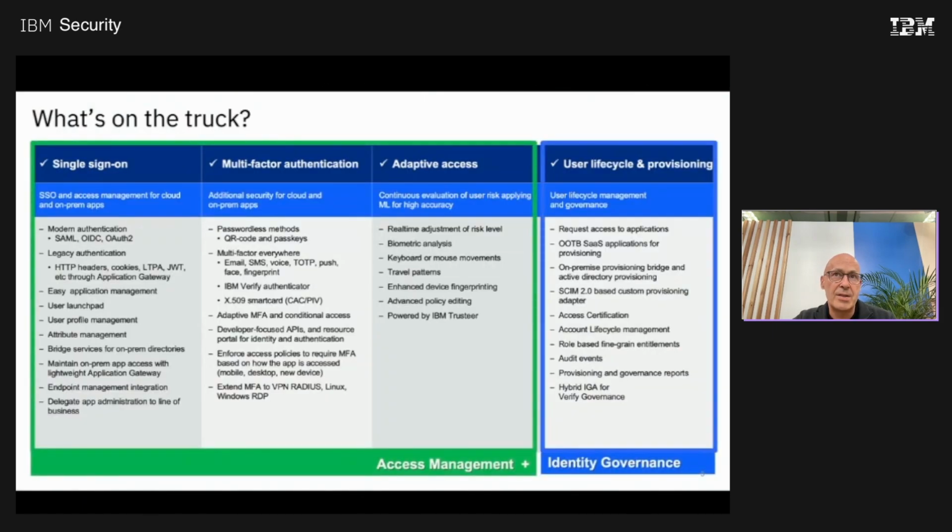As I said in the beginning, there are a lot of features that we provide. A big part of them is access management, single sign-on, multi-factor authentication, and then the advanced authentication offered by IBM Trusteer, where we can do advanced stuff such as profiling a user, the way, for example, he types on a keyboard, the way he moves his mouse, and a really sophisticated detection if the user is using a new device, a new laptop, for example, or another browser.